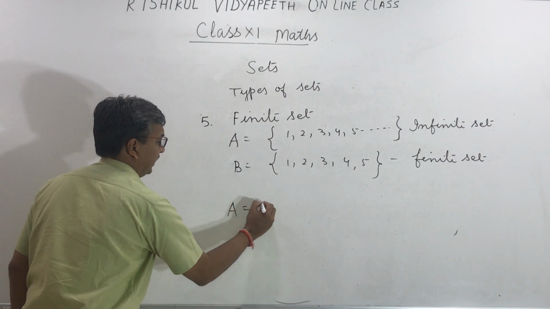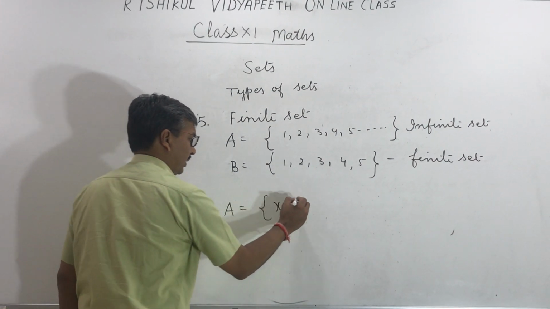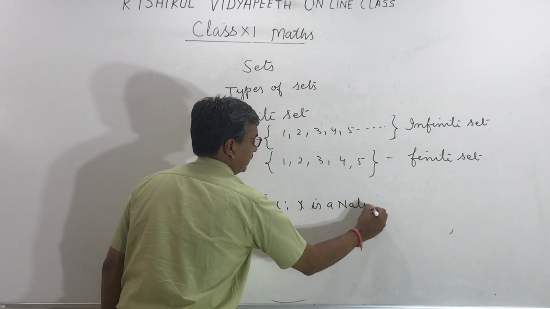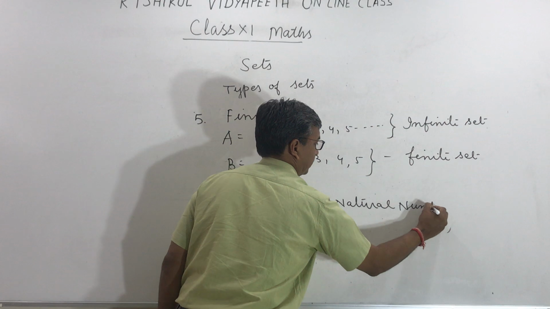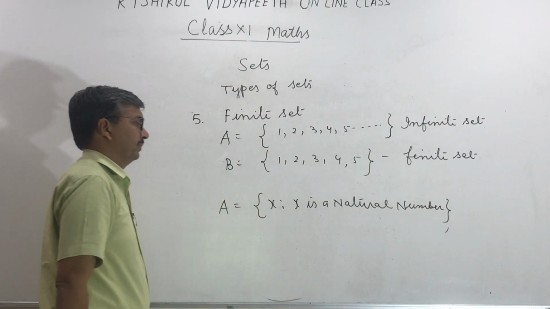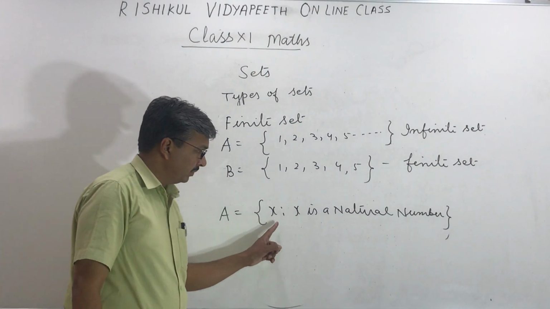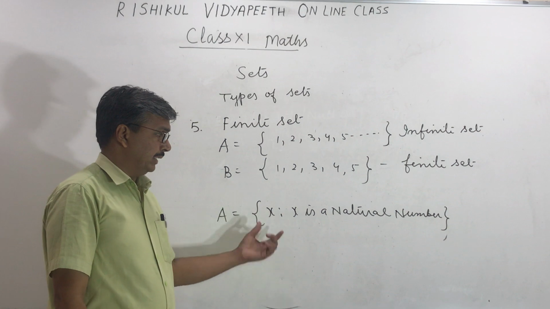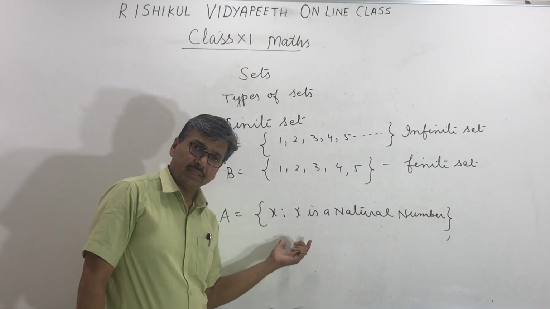Let set A be {x : x is a natural number}. In which form have I written this set? Set builder form. Can you tell me whether this set is finite or infinite?